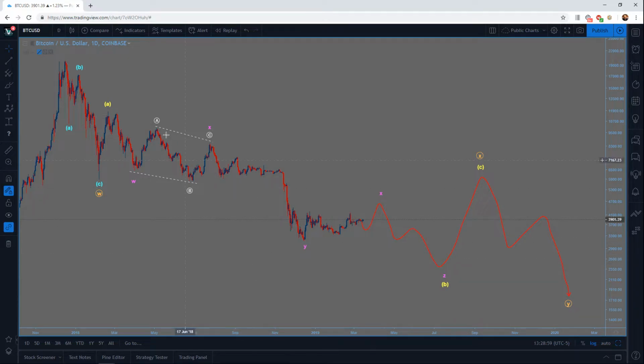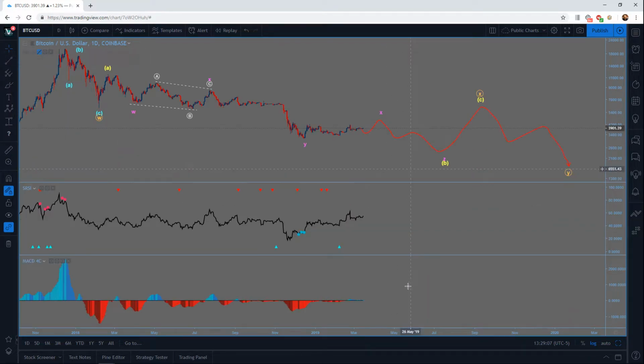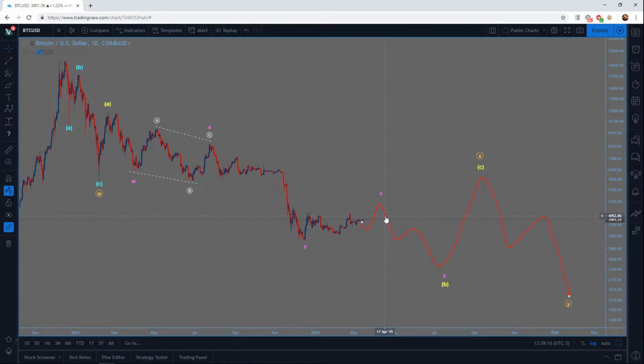So now we've covered my long-term count, my long-term thoughts. And I want to cover how this current move plays into those thoughts. Let me take this off. I'm going to just do this.